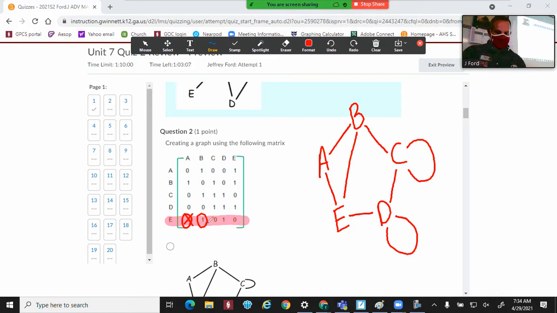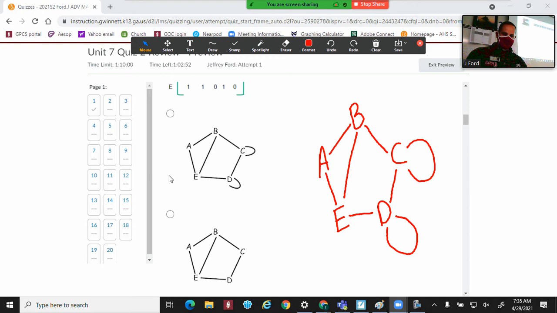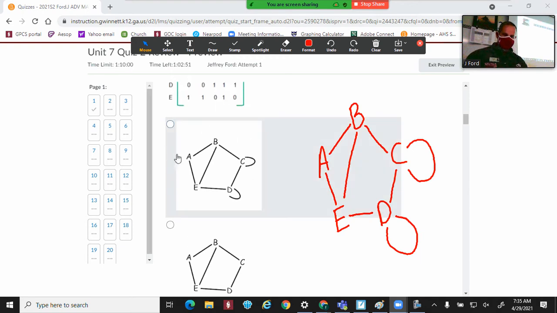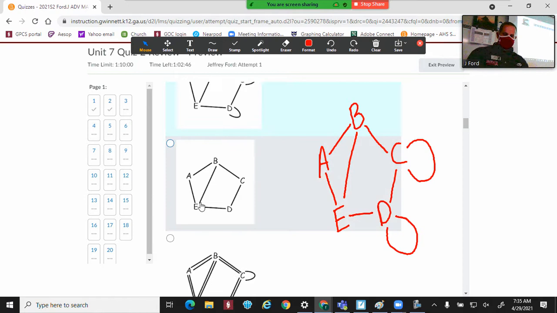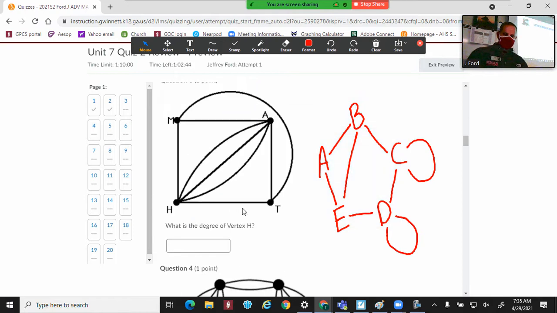E to B, already been drawn, skipping that. E to D, already been drawn, skipping that. So that's what our graph looks like from our matrix. Let's see which one it's going to be. That's it, option A. Pretty easy.